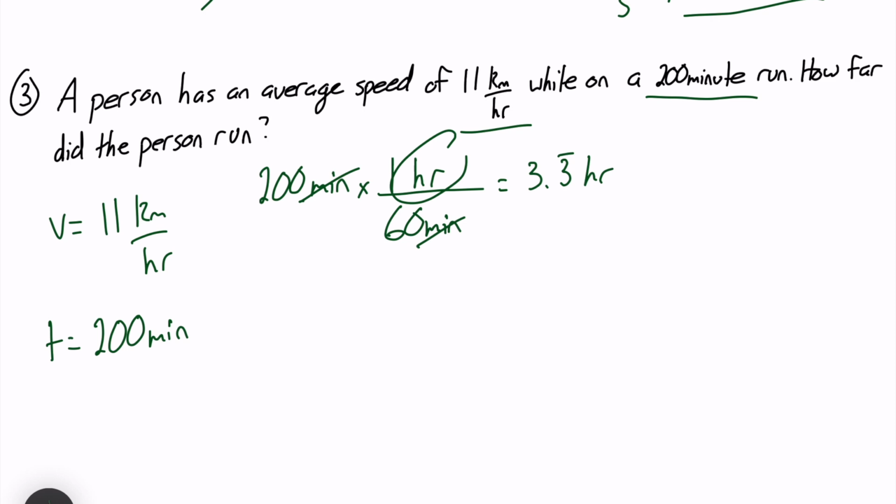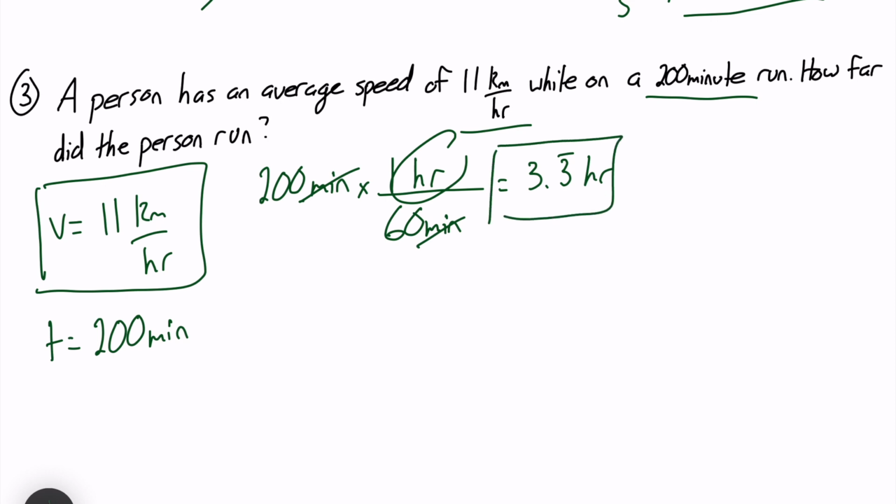Okay, and we now have our speed in the correct units, and we also have our time in the correct units. So we can go ahead and manipulate this formula to figure out our distance, since that's what the question wants us to do.